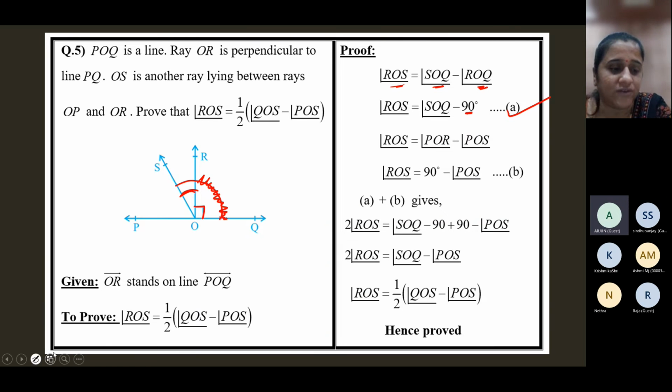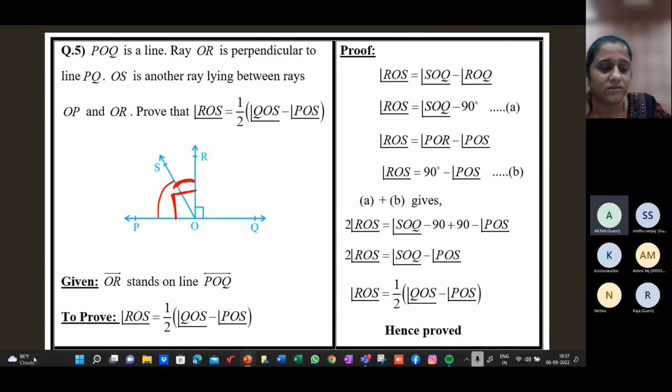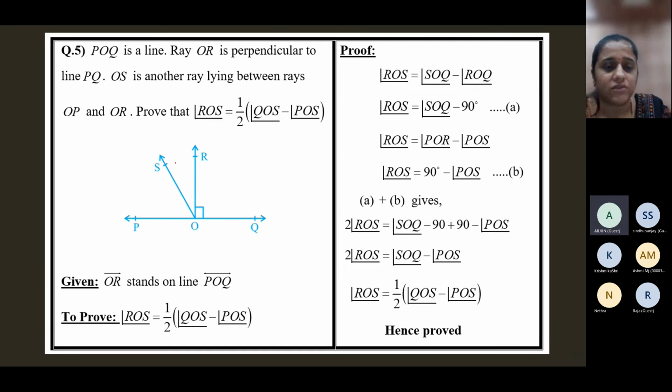Then we write ROS in a different way. ROS can also be written as this angle POR minus POS. See here? This full angle POR. From POR, if you take away POS, you'll be left with ROS.